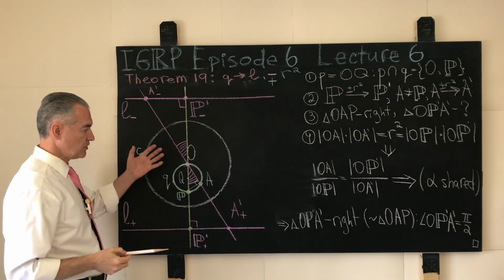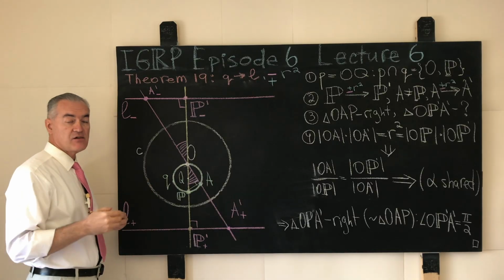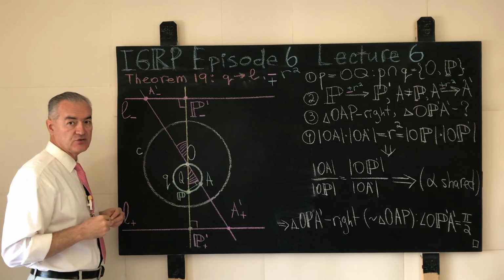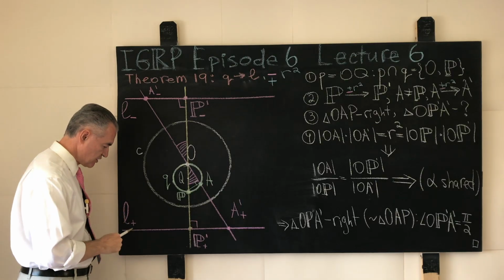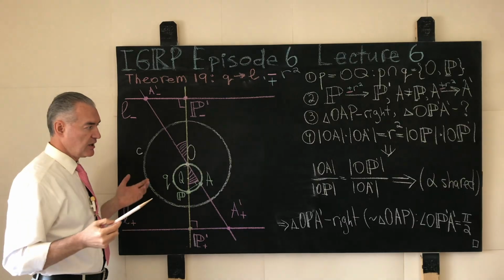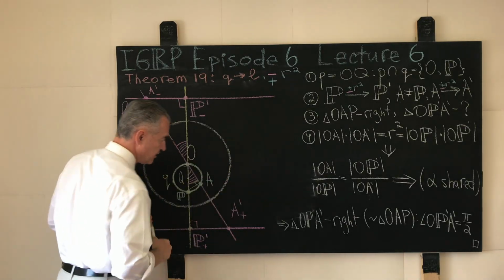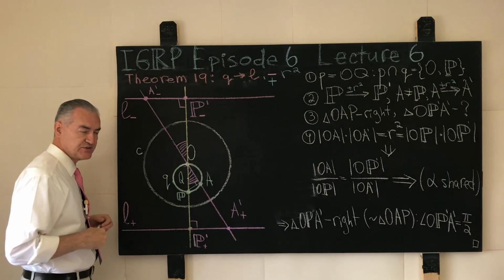Game over. Once we understand that proof, we also right away put together an algorithm for Euclidean tools only construction of the image straight lines L plus and L minus. And what is this algorithm? This algorithm pretty much follows our template that we used for the proof of this theorem.